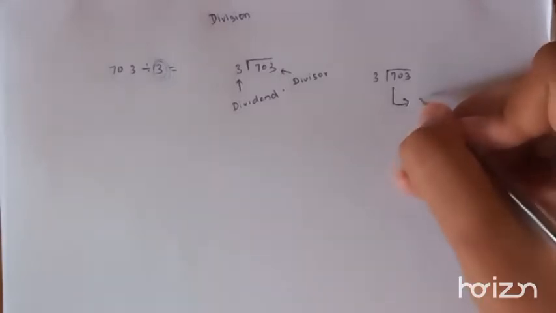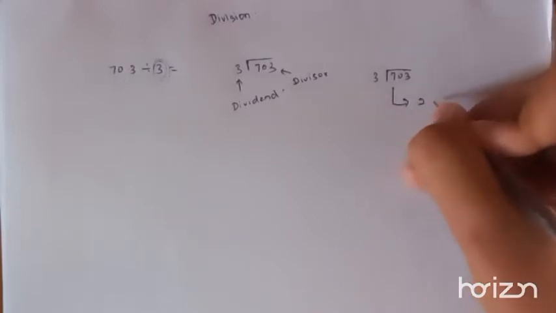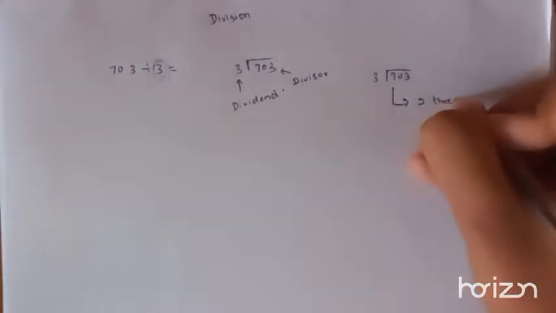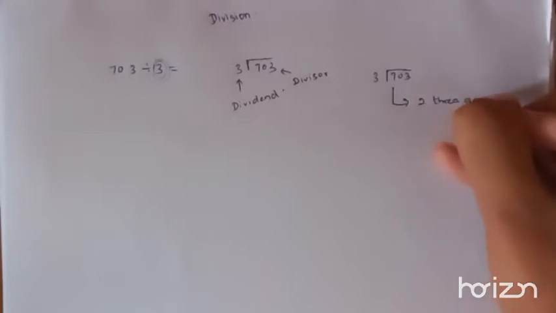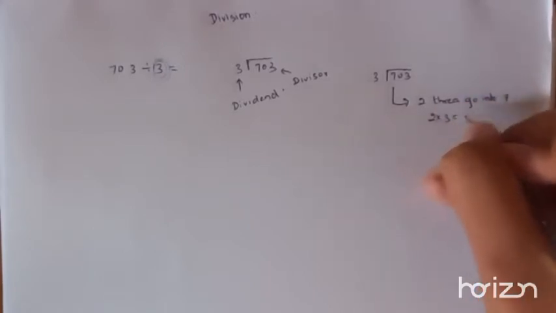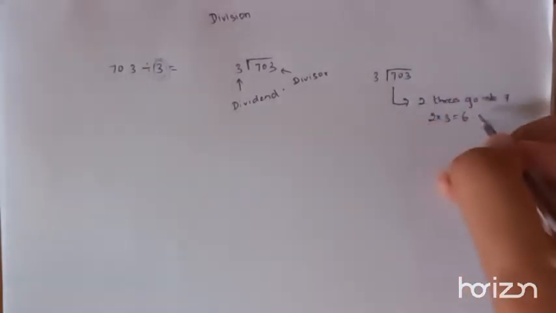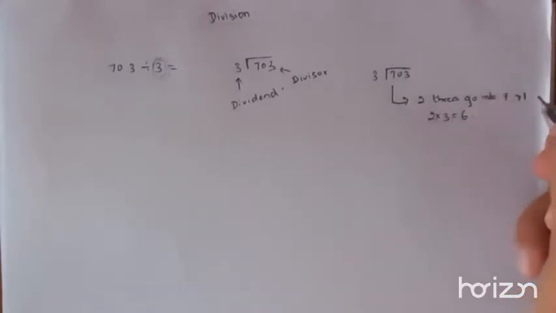I realize that 2 3's go into 7 because 2 times 3 is 6. But we have a 7 here, so that means we will have one remainder.